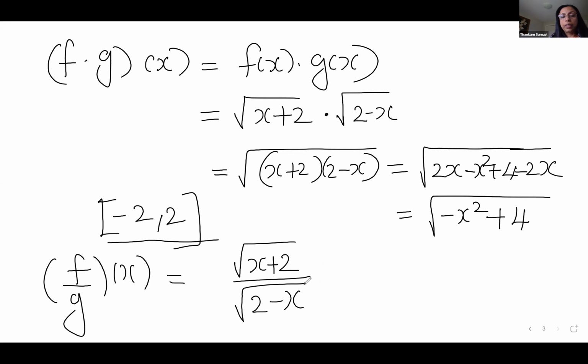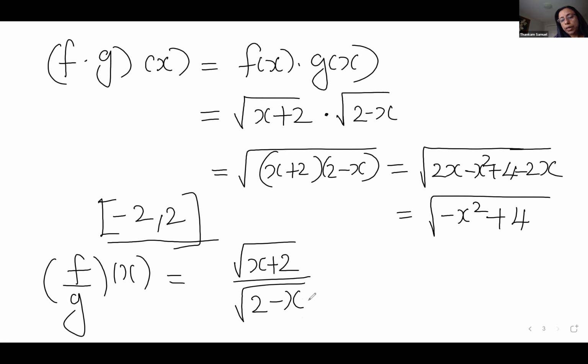So the domain common to both functions is bracket -2 to 2. But when you consider the same domain, can we have 2 as the value of x? Look at the denominator. So if x equals 2, then 2 minus 2 equals 0.